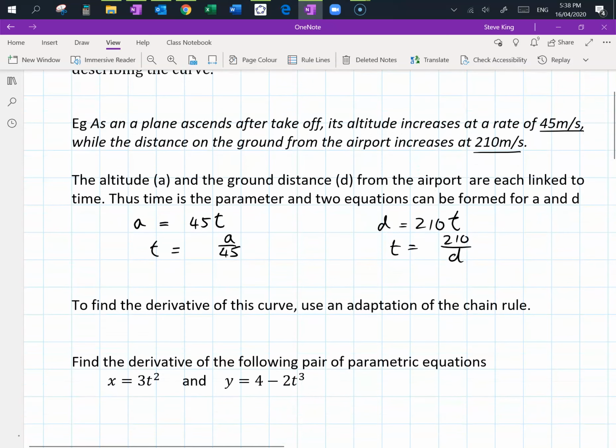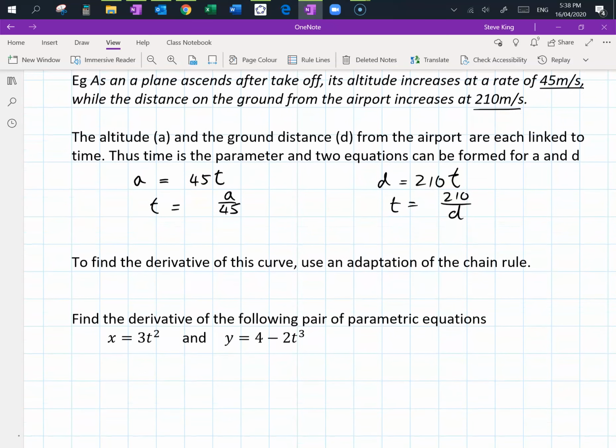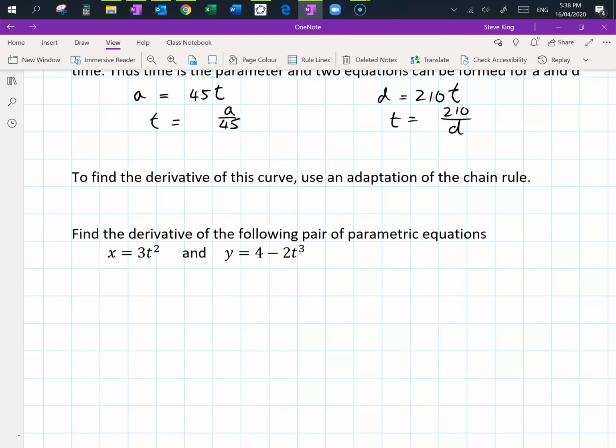Now, if we want to find the derivative of a curve that's described by parametric equations, we're going to use an adaptation of the chain rule. So, if we take a look at this example here, we've got a pair of parametric equations. x is equal to 3t squared and y is equal to 4 minus 2t cubed.